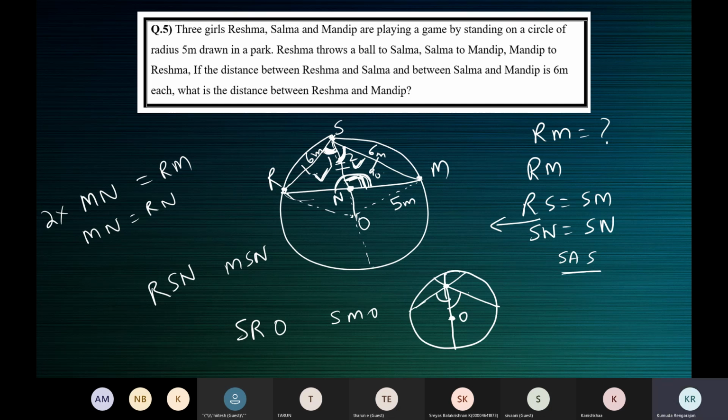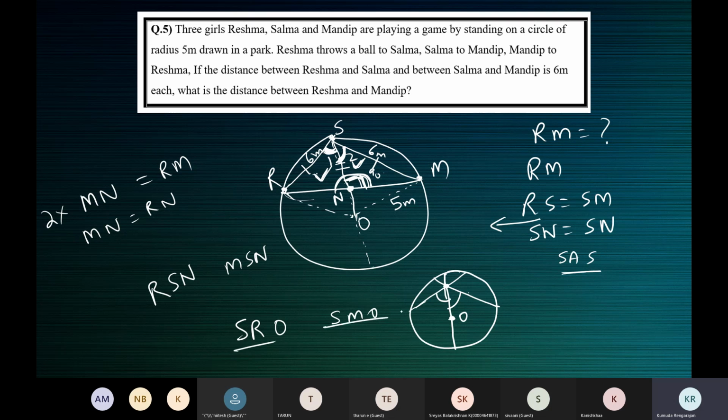Say you just forgot the statement and are not able to recall it, then what to do? You have to join RO and take up the triangles SRO and SMO and show that the triangles are congruent to each other. I've written it down here, SRO and SMO. Take up these two triangles.